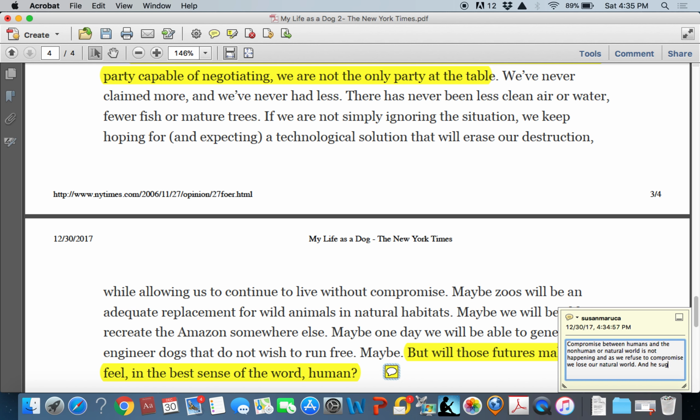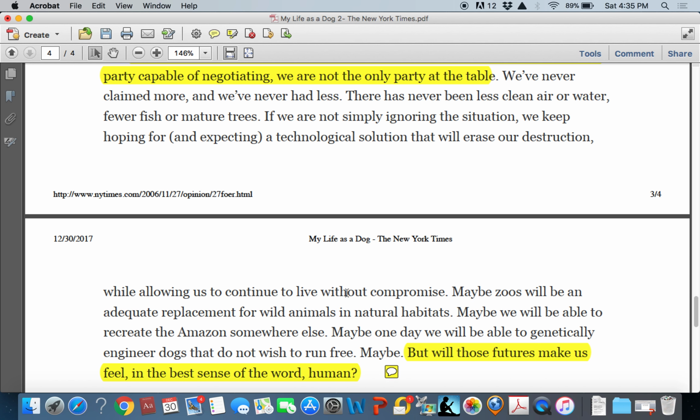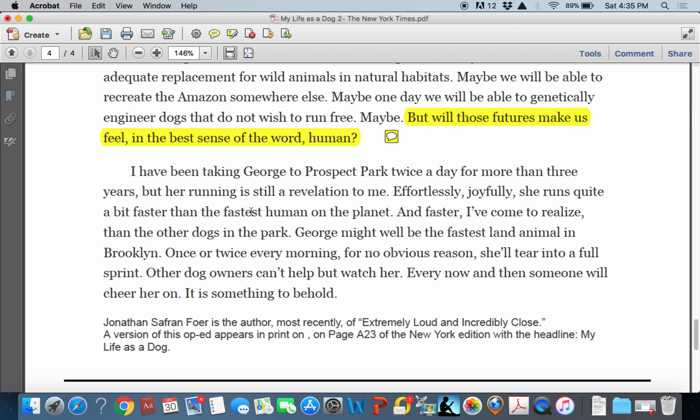And he suggests maybe we lose our humanness. And again, this is my interpretation of what's happening here.